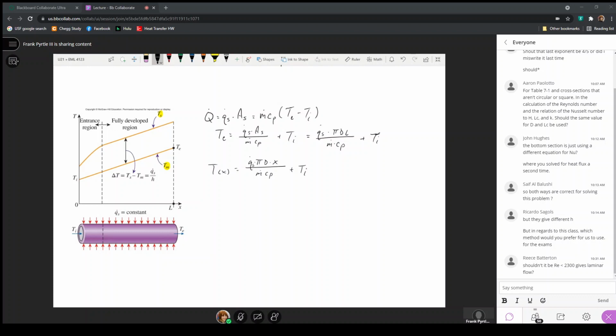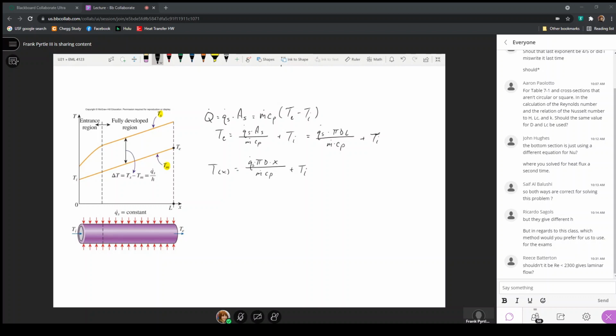Now, the expression of the surface temperature as a function of X has this different shape associated with it. It's only linear in the fully developed region. And the reason that it's only linear in the fully developed region is because in the fully developed region, h is a constant. The heat transfer coefficient does not change.